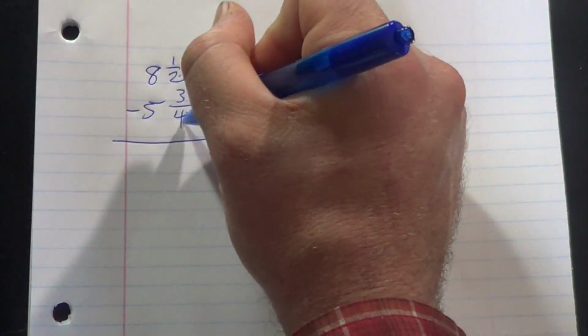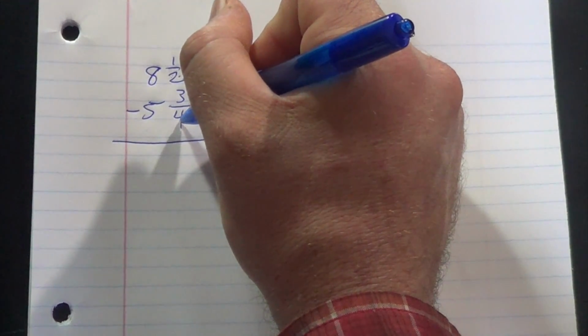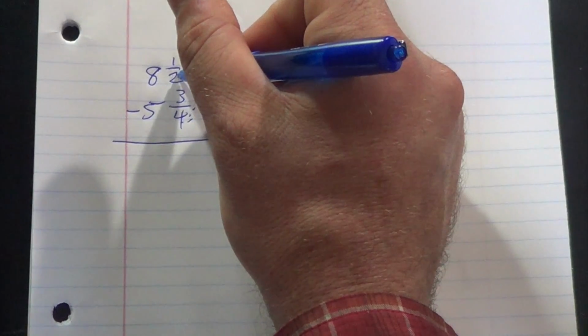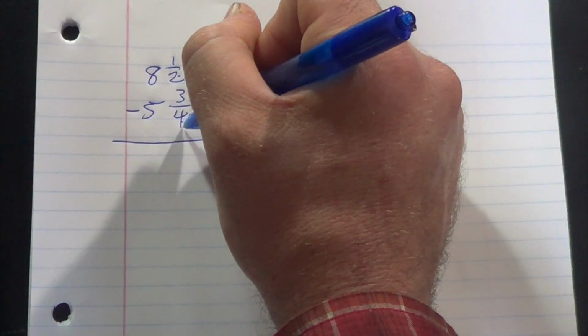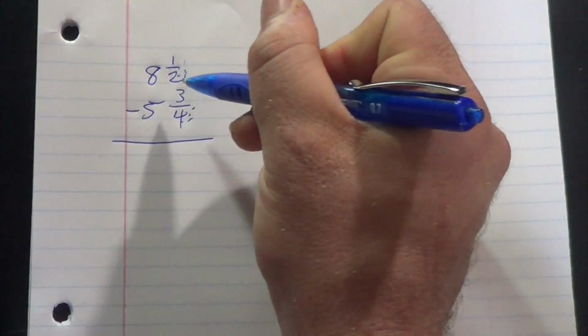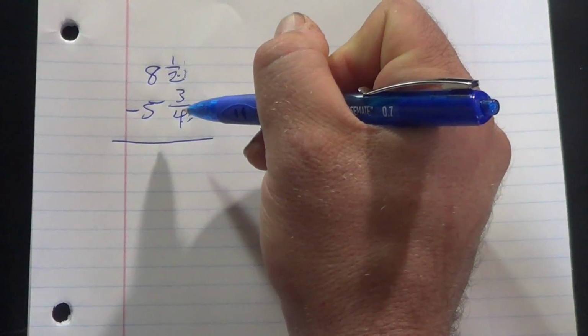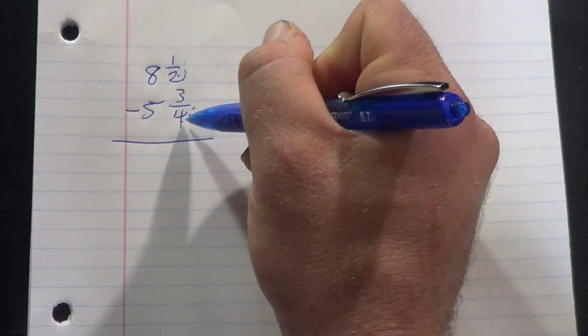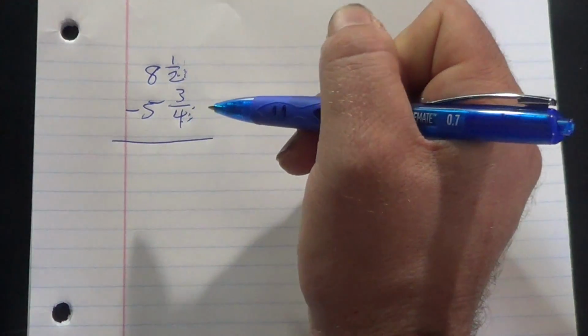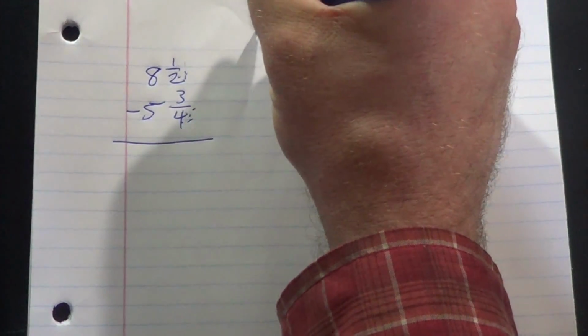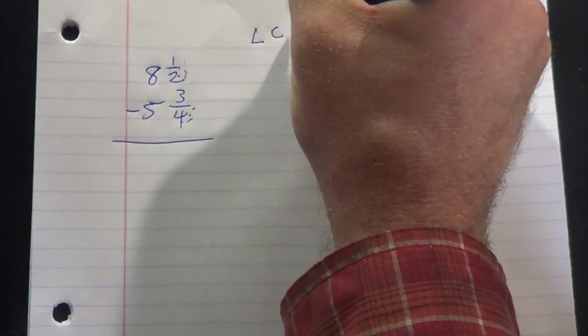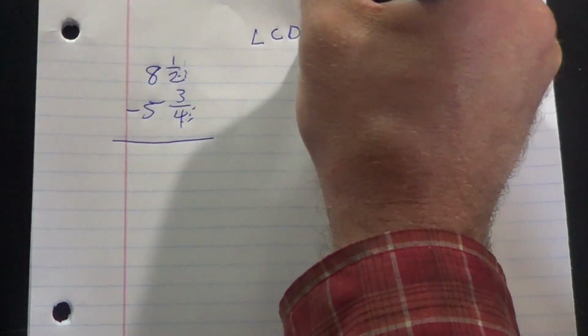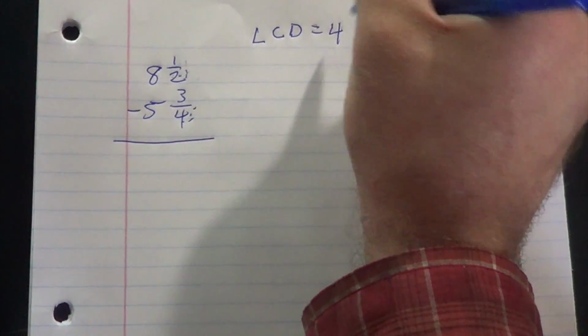So in order to do that, I look at the larger number first and say, does this smaller number divide into the larger number? Yes, it does. So because it divides into the larger number, that implies that the larger number must be my least common denominator. So I'm going to write it down up here. LCD is going to equal 4.